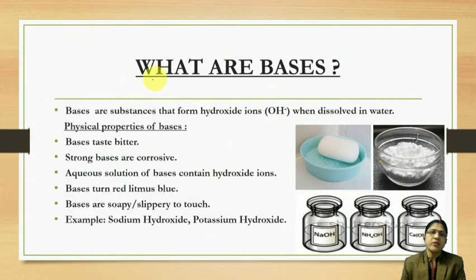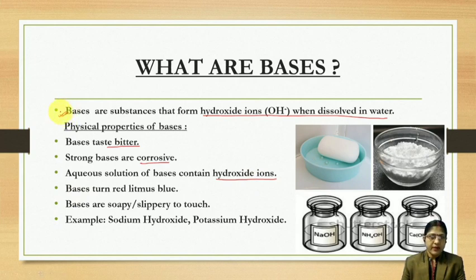Then let us discuss what are bases. Bases are the substances that form hydroxide ions when dissolved in water, right? And physical properties of bases. Bases taste bitter, and strong bases are corrosive also. An aqueous solution of bases contains hydroxide ions. From the definition it is very clear, and this definition is also the Arrhenius concept.